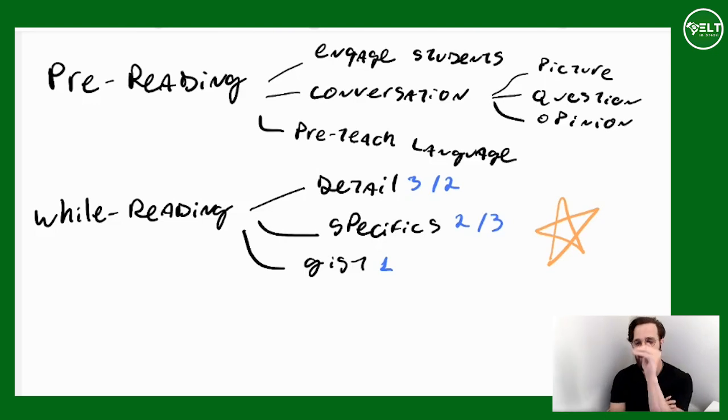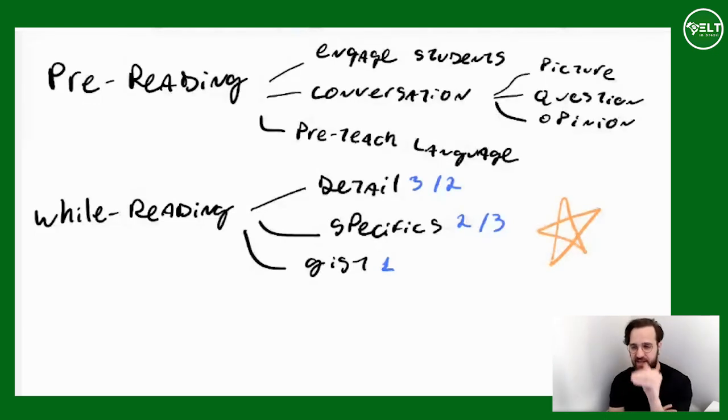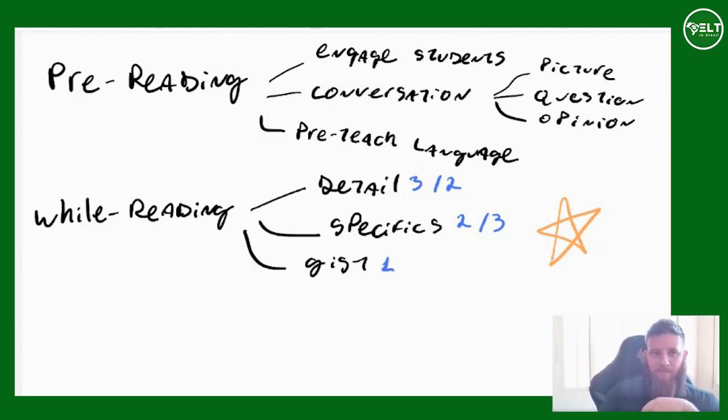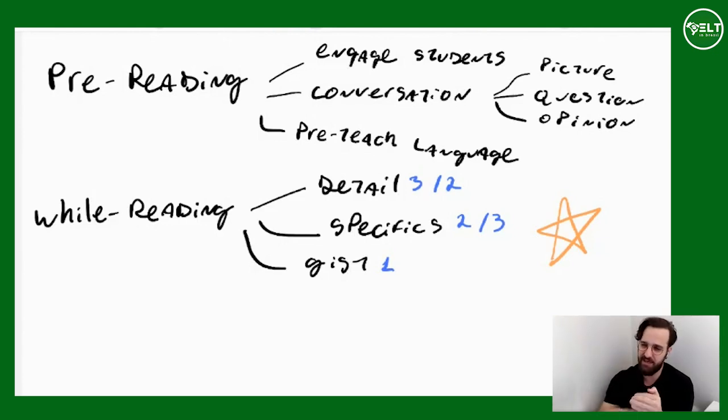And just one thing, I don't mean whatsoever that you have to have three types of tests in the while reading. You could have only two. I'd say that it's pretty weird to just jump into a text without a gist. It would be advisable, and I recommend it, right? But you could do details or just specifics, because you see that the cycle keeps going.